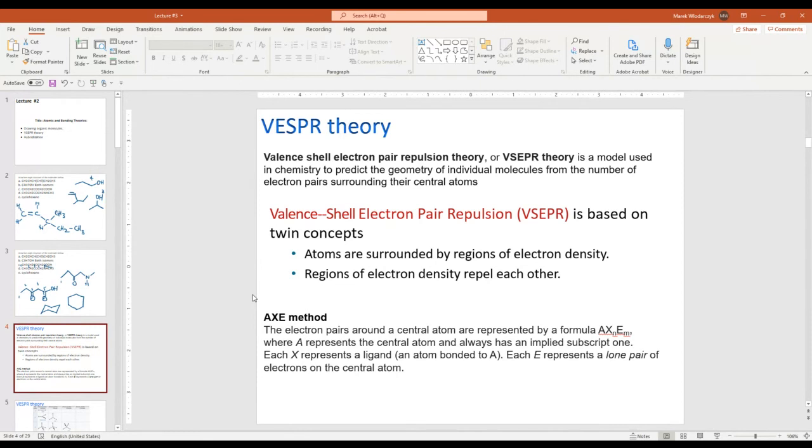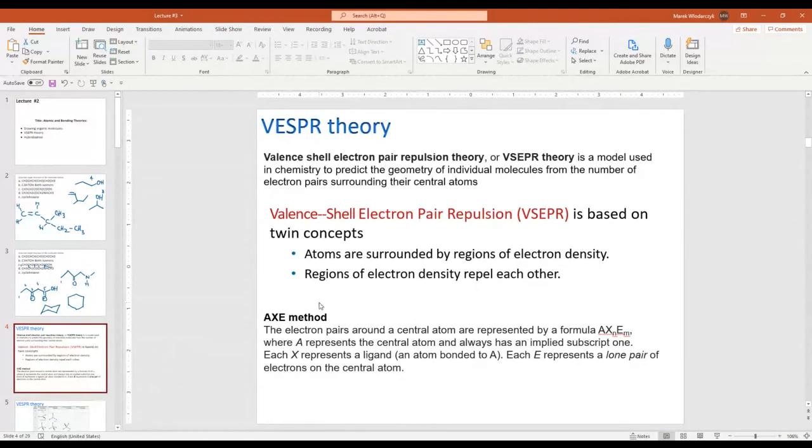A is your central atom, and X represents the number of ligands. These are the elements that are connected to your central atom, and E is the number of lone pairs of electrons. Based on that, you can predict the actual shape of the molecule.